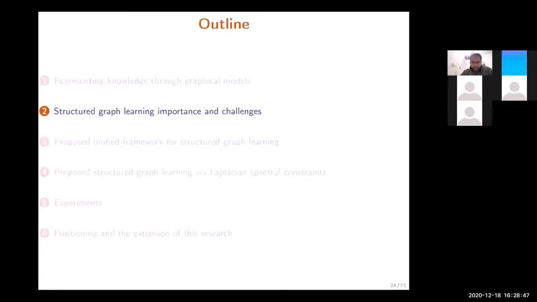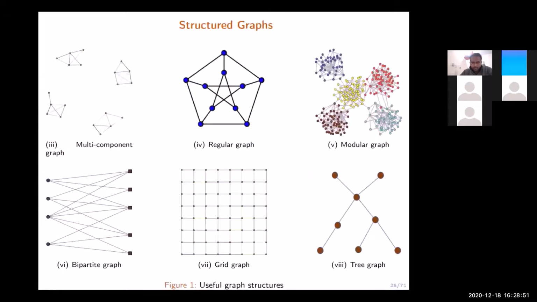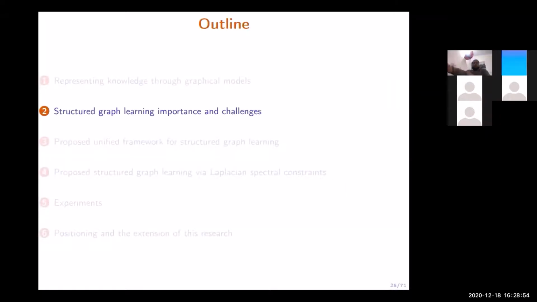Now I will discuss what I have done for my work. When we say that we want to learn a graph, the setting here is that, given some data, a data matrix, we want to build a graph. There is a huge body of literature that builds graphs from data.